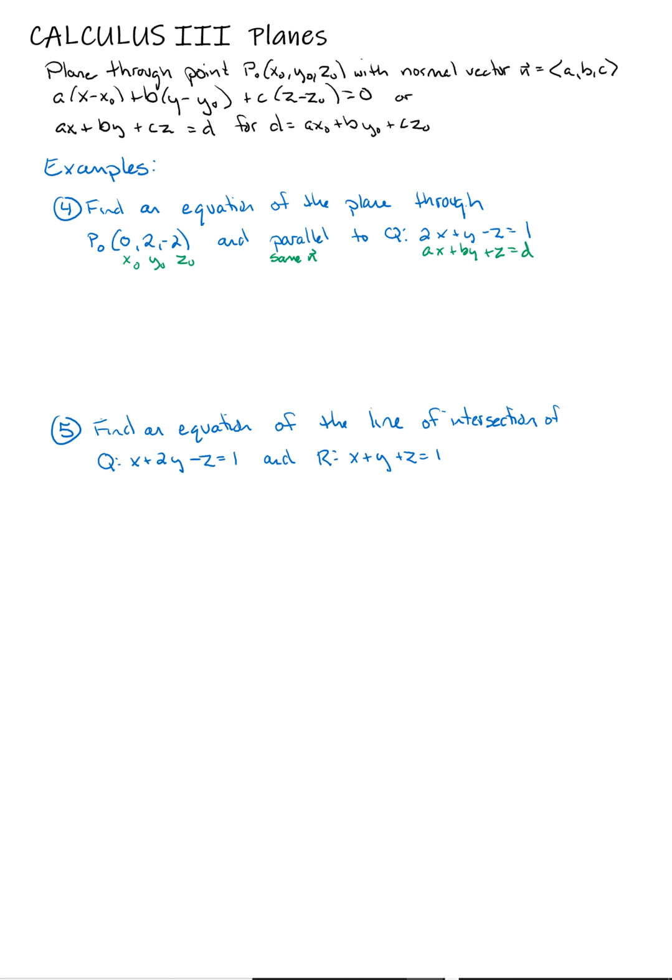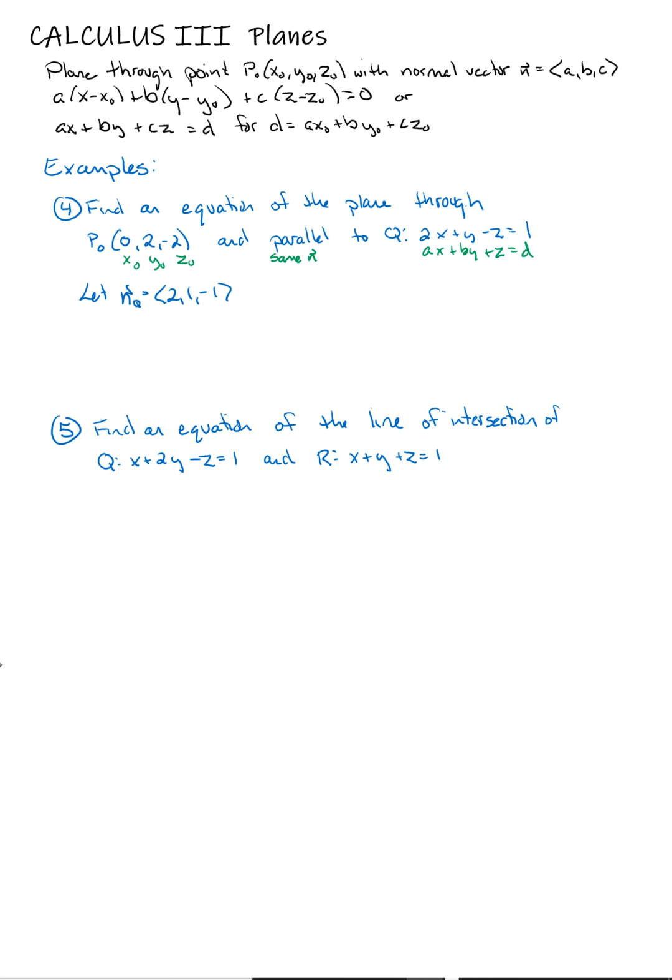And so that means our normal vector is (2, 1, -1). So that's exactly what we want to use. And so now we're ready to go.